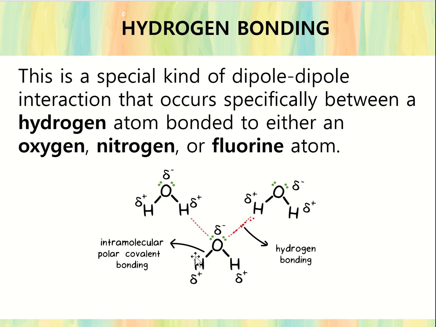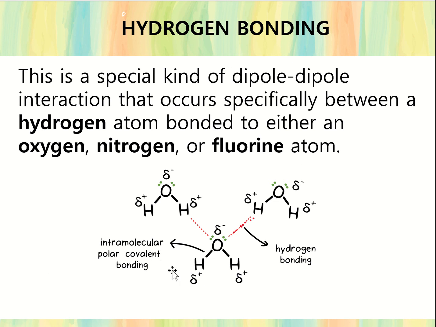So we have our water molecule here, three water molecules, and our hydrogen is intermolecularly bonded to the oxygen here. So all of these hydrogens are interacting with the oxygen. All of these oxygens are interacting with a hydrogen.